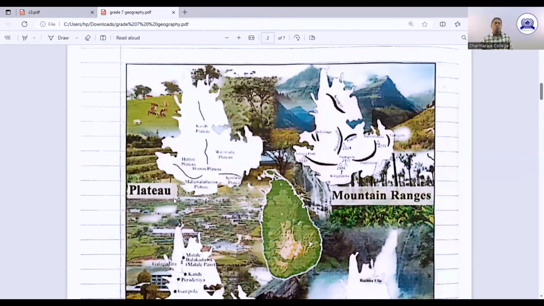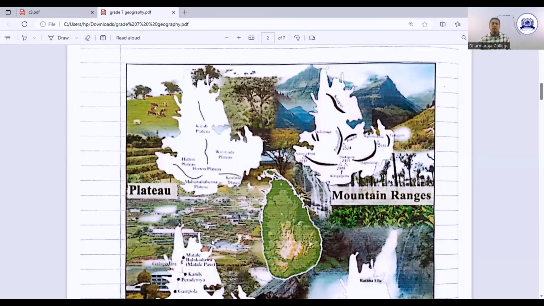You can see plateaus. A plateau is a tall mountain with a flat summit. It is called a plateau.